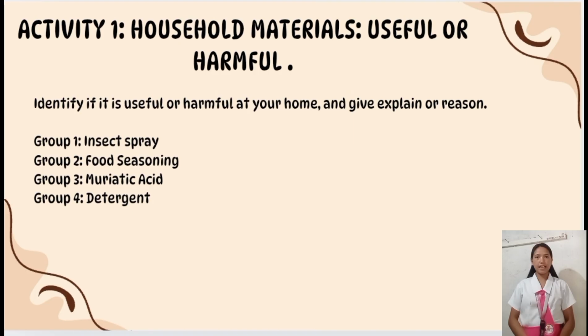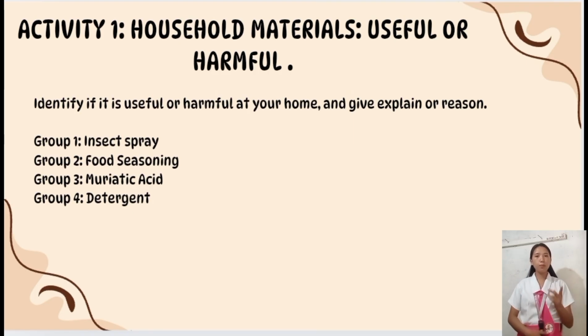So our activity is about household materials, useful or harmful. All you need to do is identify if it is useful or harmful at your home and give an explanation or reason why it is useful or harmful.